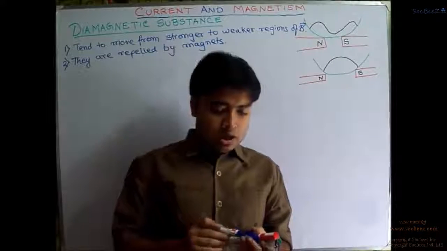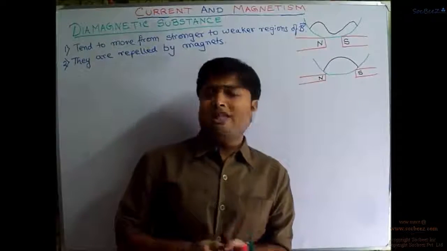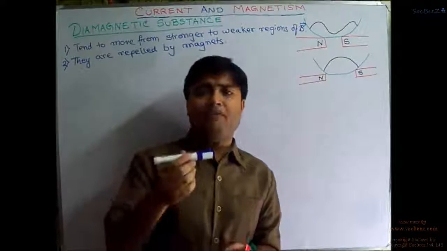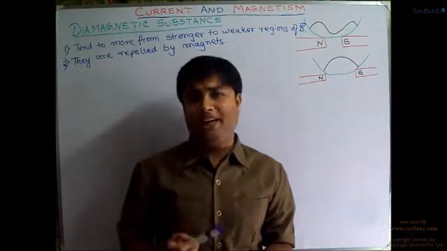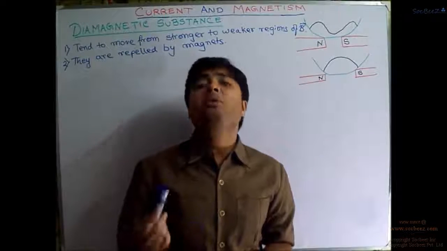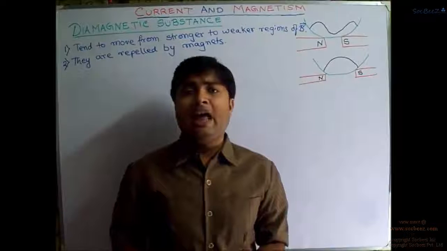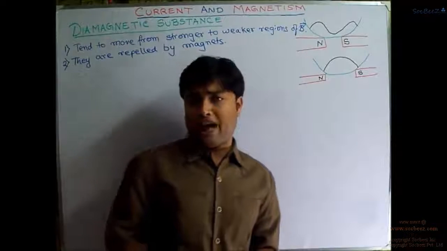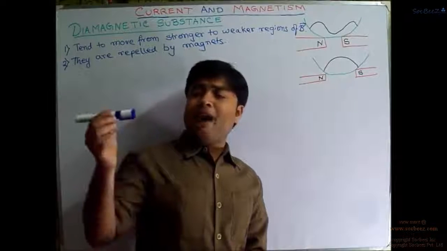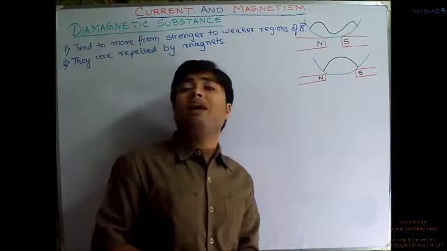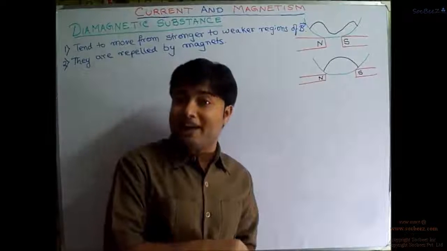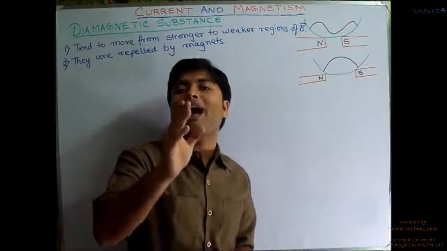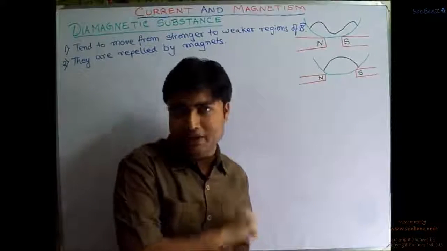Now, say for example, if a diamagnetic rod is suspended freely in a uniform magnetic field, at that point of time that diamagnetic rod, which is suspended freely, will align itself in the direction perpendicular to the direction of the magnetic field.